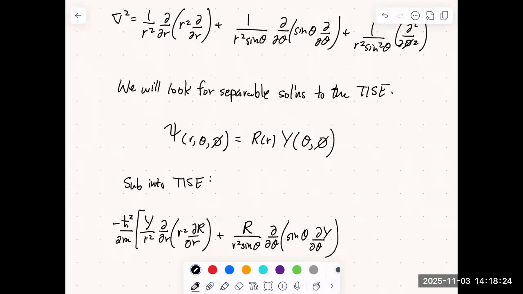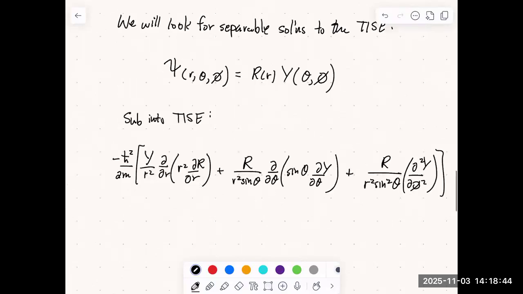And then we have r squared sine squared theta in the denominator, two derivatives with respect to phi. Again, only Y depends on these angular variables. So I'll put a Y here and an R here. Close this bracket. Okay, so all of this is just the kinetic energy term in the time-independent Schrodinger equation.